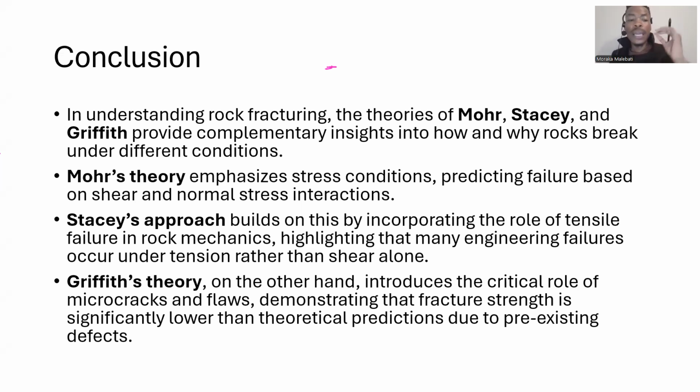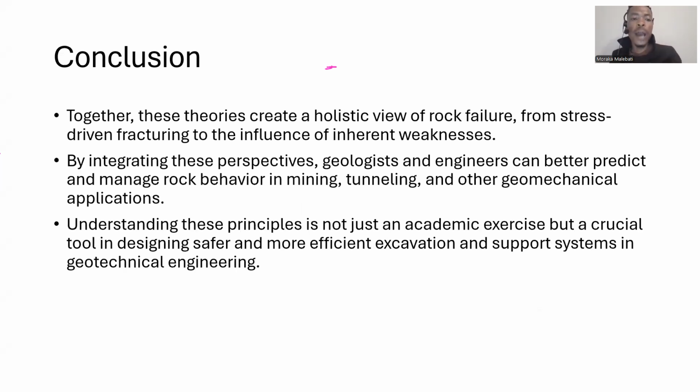Now, in the end, the Griffith theory introduces the critical role of the microcracks and flaws which are already within the material, demonstrating that the fracture strength is significantly lower than the theoretical predictions due to pre-existing defects. When you combine all these together, they form a holistic view of rock failure, from stress-driven fracturing to the influence of inherent weaknesses.